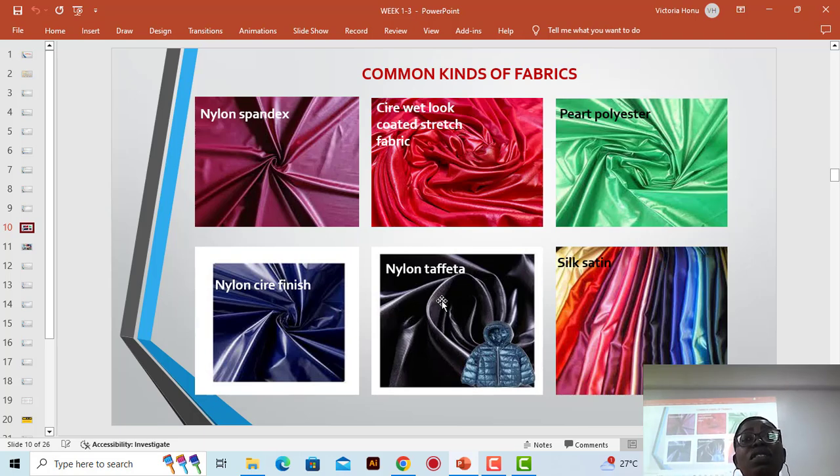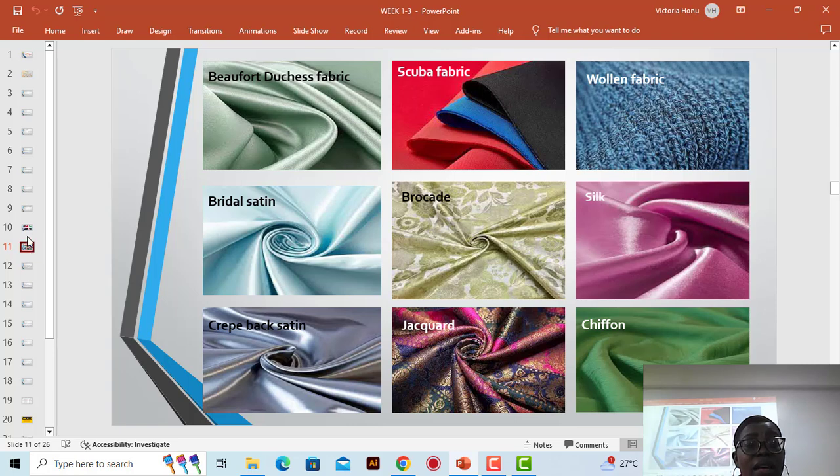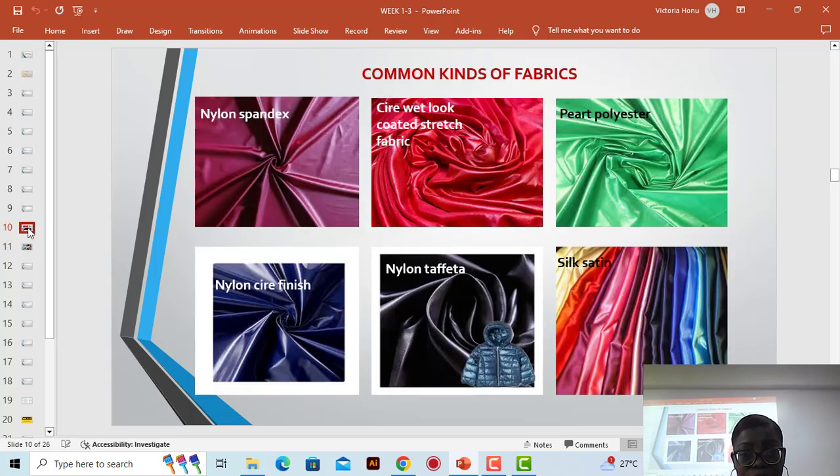Even when you put it on this table and the fabric is more than the table, it will just slip and fall unless you have a bulk of it on your table. They are lighter than the bridal satin and the other ones. What's the other one? Sorry, the paradise. Yes, and those other ones.